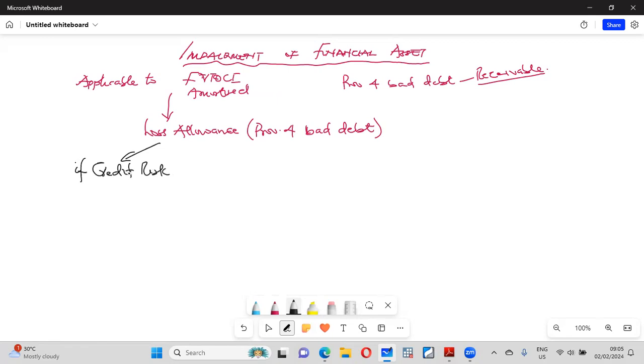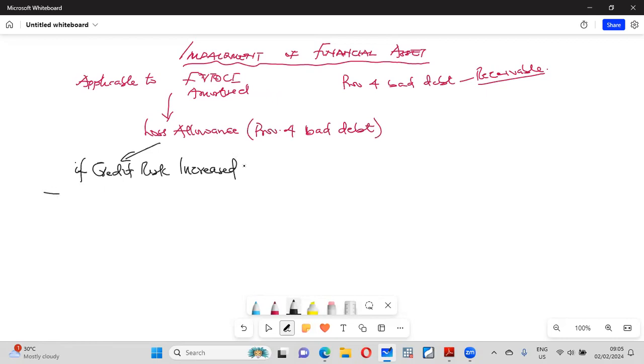That is the question we need to ask ourselves. So the clue here is that if credit risk has not increased significantly, it has increased though, but the increase is not significant.